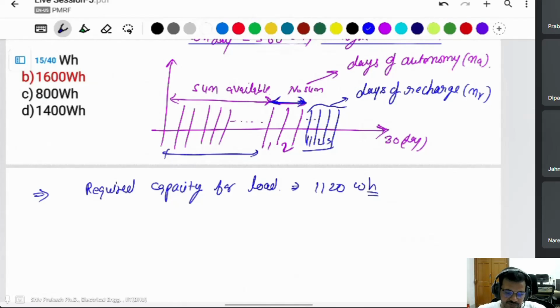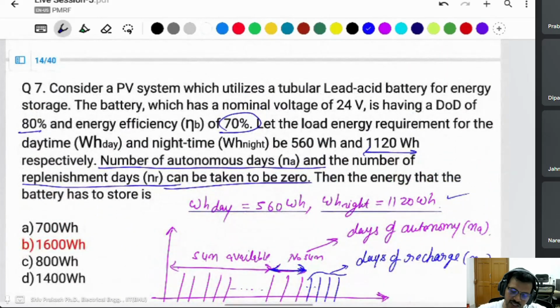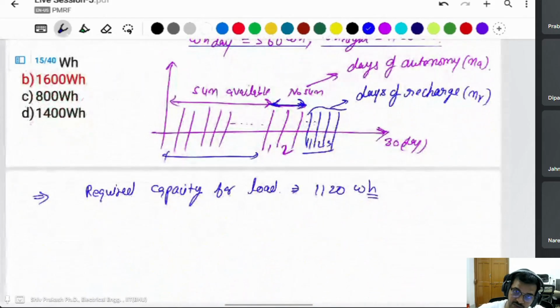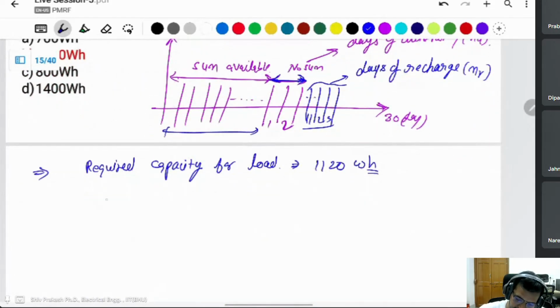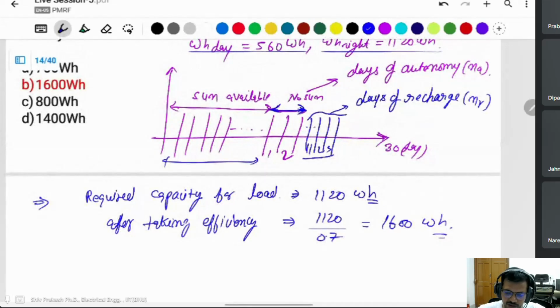But there is an efficiency of 70% only. So first calculate the efficiency: 1120 divided by 70%, which is 1600 watt hour.